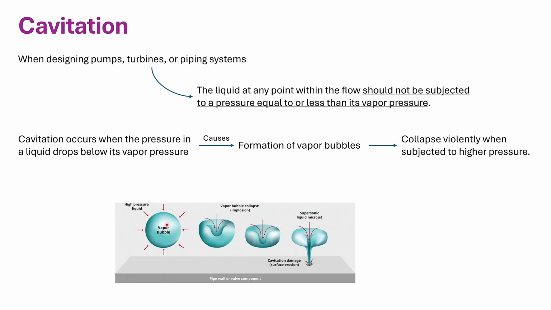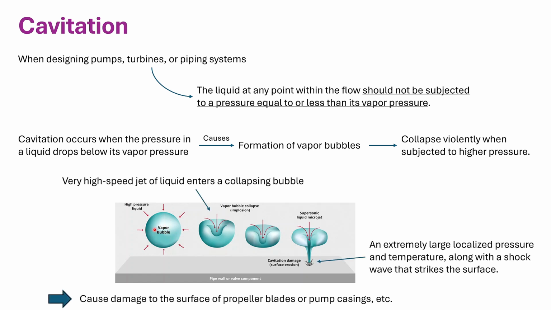As these vapor bubbles that are formed in regions with lower pressure move to regions of higher pressure, they implode and create a jet that is very destructive and causes surface erosion. Next slide, we have a video explaining how cavitation occurs.